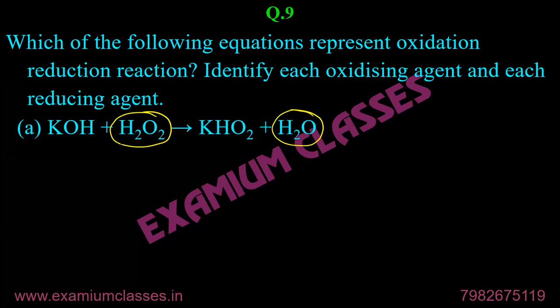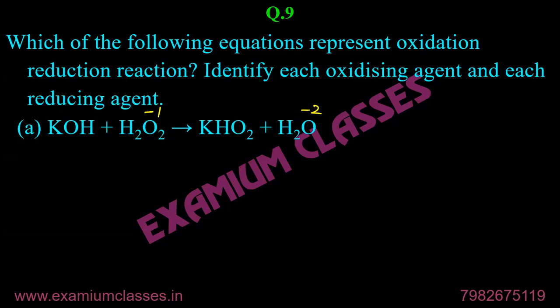So here, if you see, hydrogen oxidation state will not change, but oxygen due to peroxide linkage is -1. Here it is -2. Potassium oxidation state cannot change because it is a group 1 element. Okay, it will have -2, +1, +1. Their normal oxidation state.